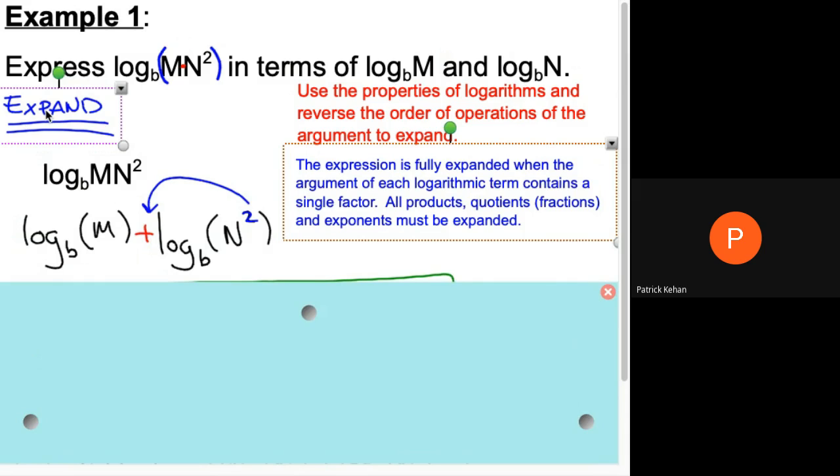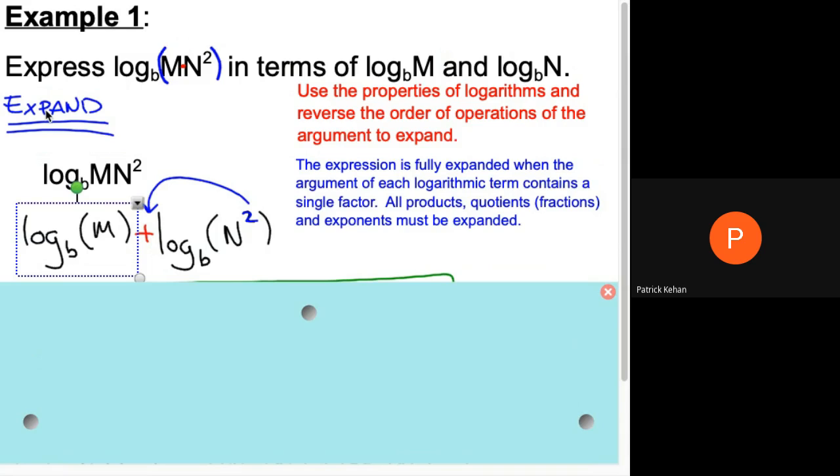The log expression is fully expanded when the argument inside the original logarithm contains a single factor. If you focus over here on the left, m is a single factor. It's not being multiplied, it's not being divided, and it has no exponents. But on the second term, there's an n squared, so that has an exponent, so we have to continue to expand upon this.